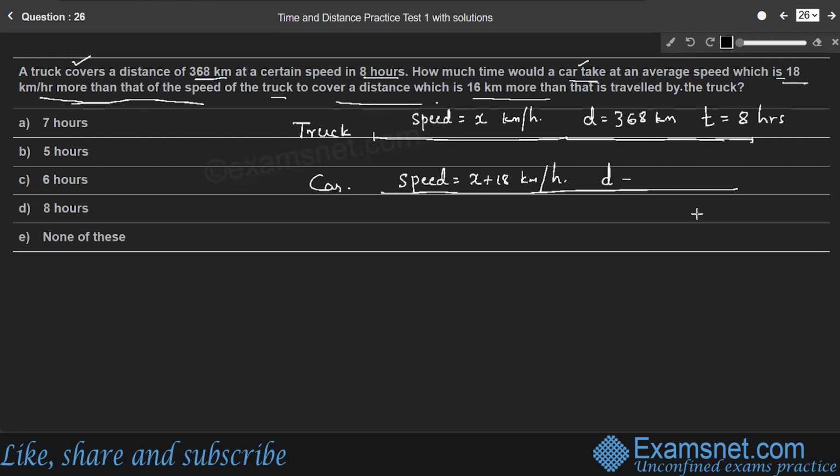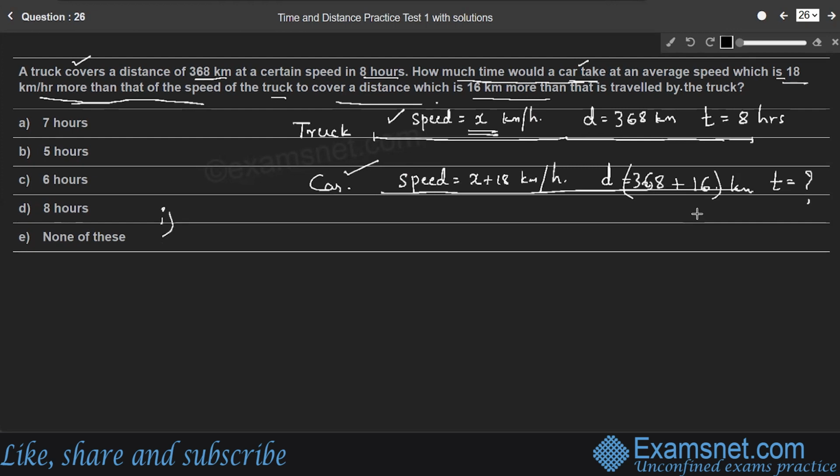So D, the distance covered by the car, is 368 plus 16 kilometers. Here the question is, how much time does the car take to cover this much distance? What is the time taken by the car? We need to find it. For that, first we need the speed of the truck.